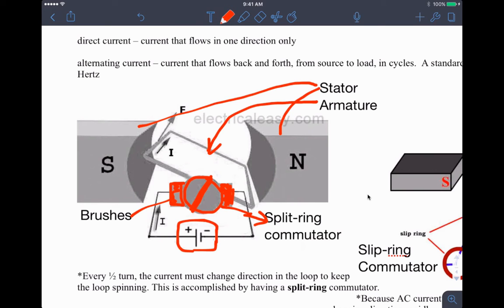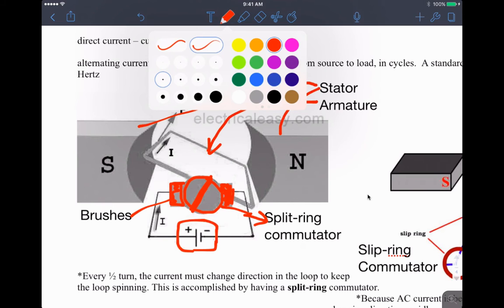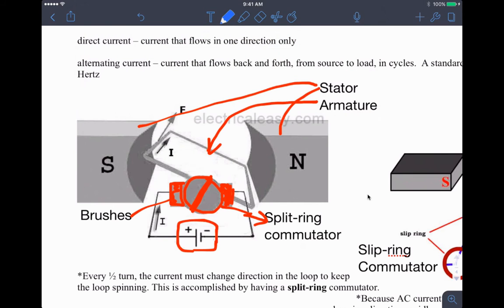Now, if you saw in the video before, this loop of wire will only rotate half of a turn because, and if it'll help you, it's as if when you run current through the wire, this part becomes a south pole and that part becomes a north pole in this drawing. So what that means is initially these are going to repel. So the south pole goes this way and the north pole goes that way.